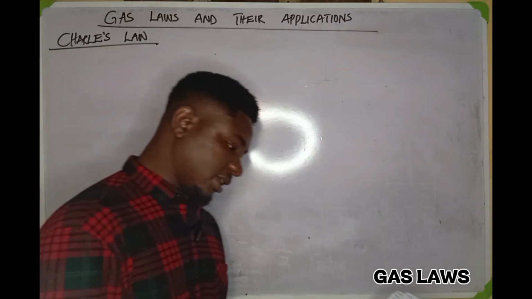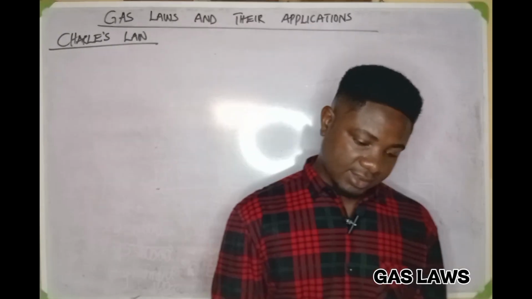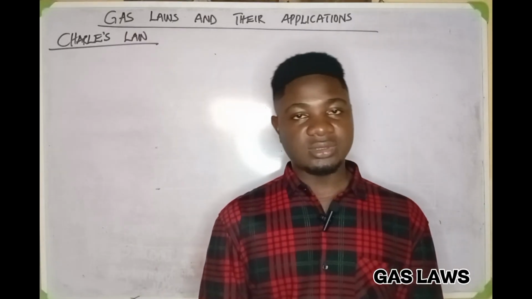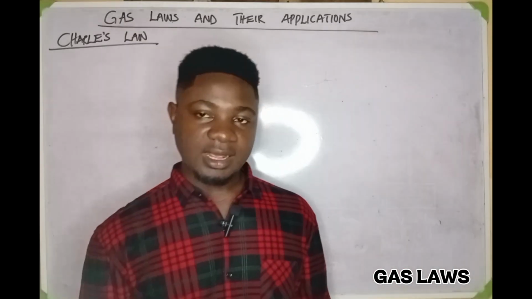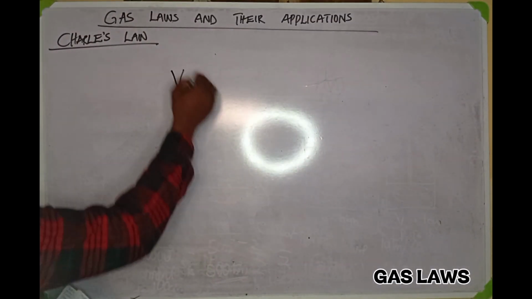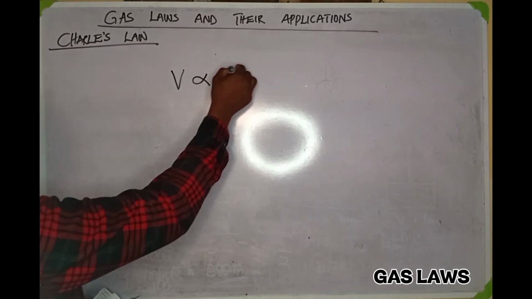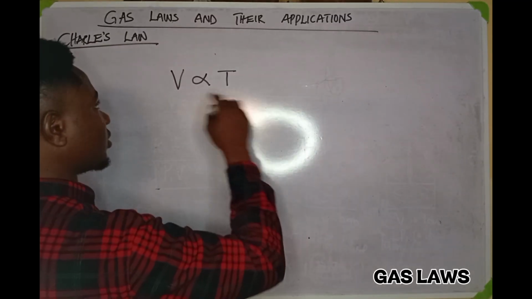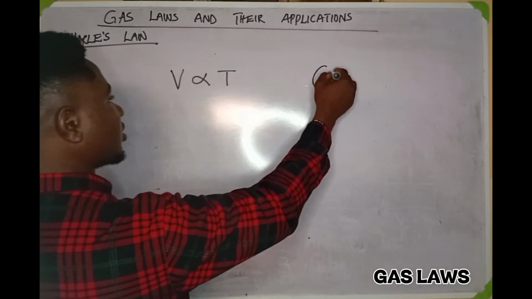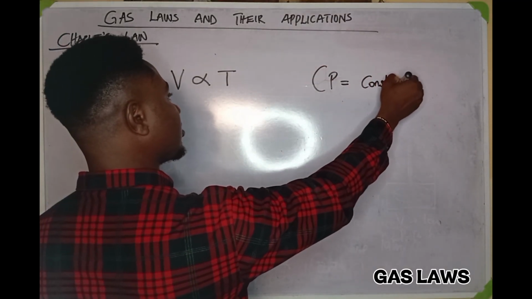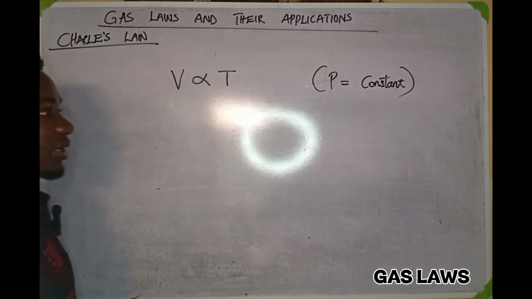Now, Charles' law states that the volume of a given mass of gas is directly proportional to its absolute temperature in Kelvin at constant pressure. So for Charles' law, pressure is kept constant, meaning that pressure is not varied, pressure is not changed.